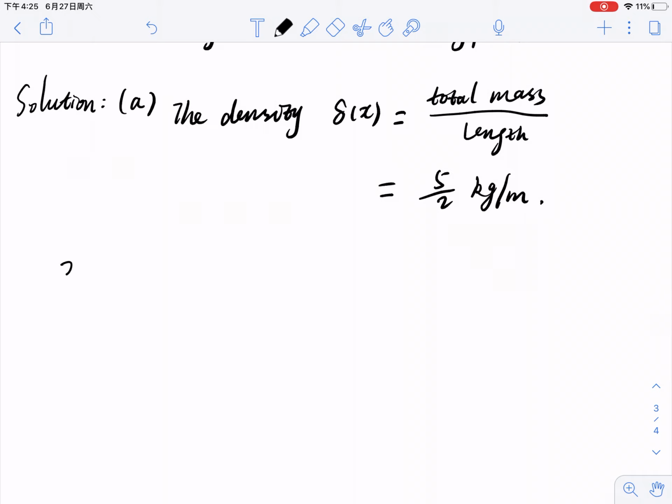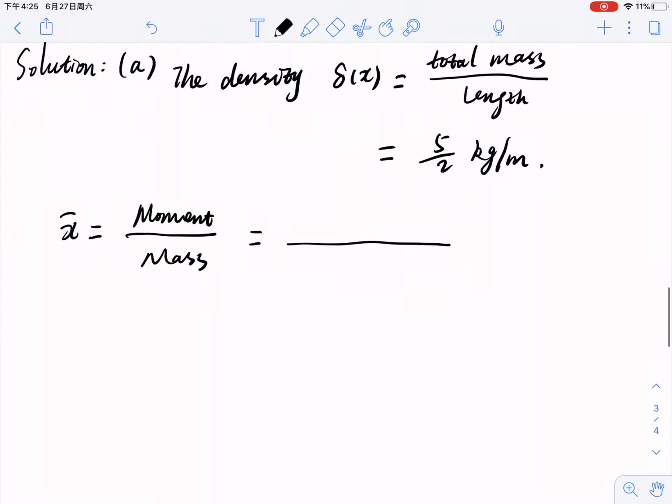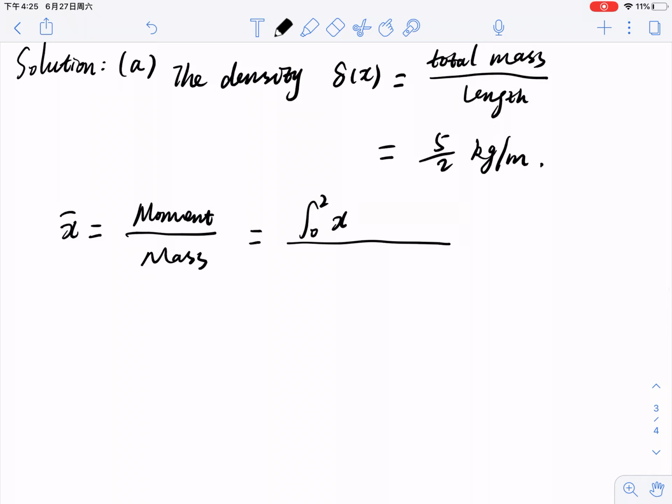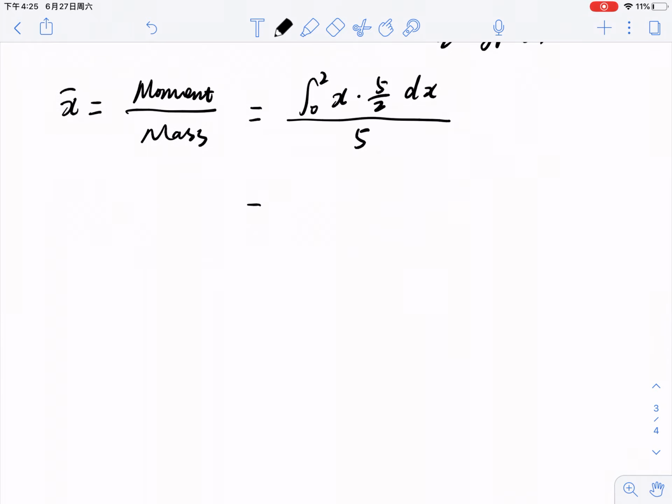Then we get x bar, the center of mass, is equal to moment divided by mass. The moment is the integral from 0 to 2 of x delta(x) dx, where delta(x) is 5/2. Mass is 5. So we get 5/2 times 1/5 times the integral from 0 to 2 of x dx.